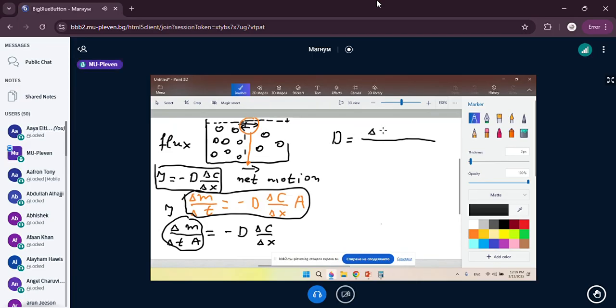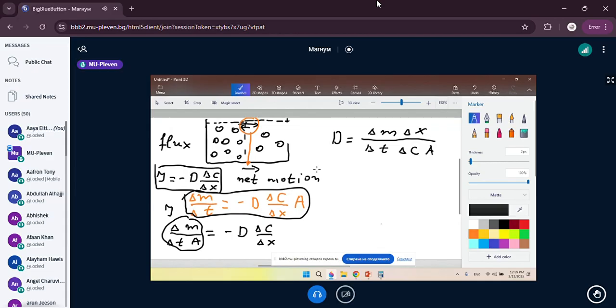We've got delta M divided by delta T, divided by delta C divided by area, and in the numerator that small distance delta X. The minus sign I may omit here since the aim is to find the unit of measure.